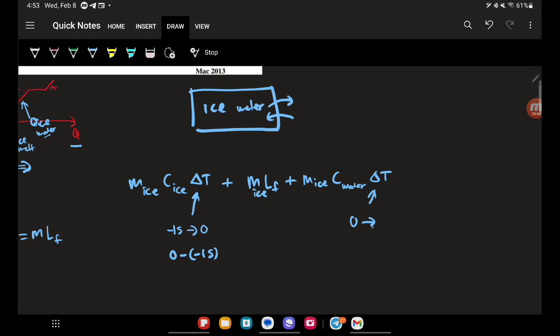Then this 0 will reach a final equilibrium temperature, T_f, so the operation for delta T would be T_f minus 0. Here you can retain it in Celsius, although Celsius is not the SI unit, because it is a change of temperature, so you can use Celsius.